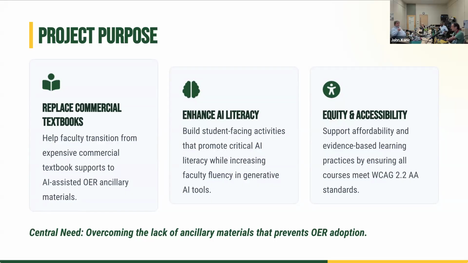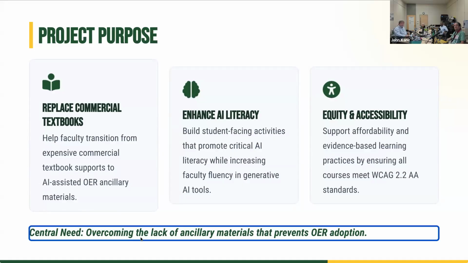So one of the goals is to use AI tools to generate something equivalent to the publisher ancillaries based on whatever you think is most appropriate for your course. And also, the main reason for this is that OER students don't have to pay for textbooks. They get access the first day, and they can download them and use them indefinitely. So there's a lot of good reasons for using OER.